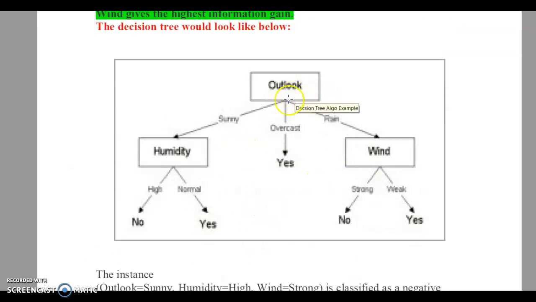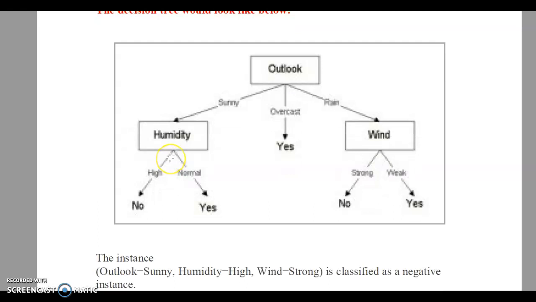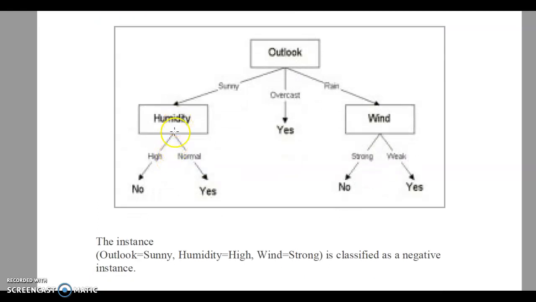Outlook is your root node, with branches sunny, rain and overcast. Overcast gives yes. For sunny, check humidity: if humidity is high, then no to play the cricket; if humidity is normal, then you can play the cricket.